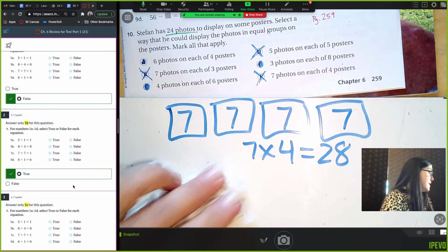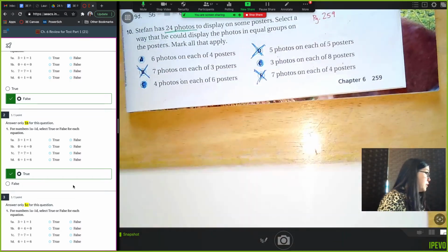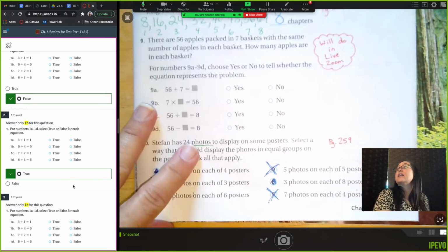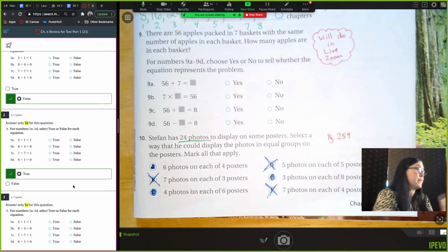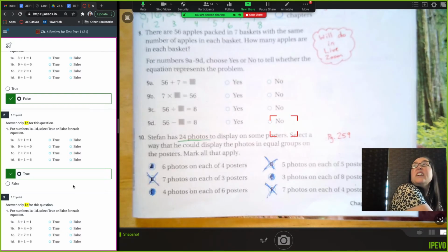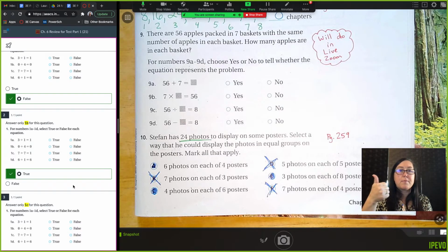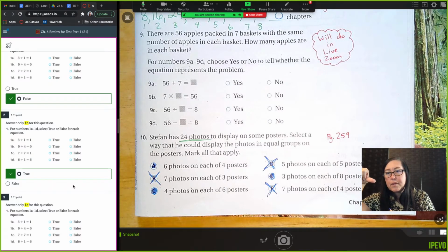Now, we did not do number 9 on the computer. So let's take a look at number 9 together. Let me make sure it's not blurry. Okay. Are you good for number 9? Give me a thumbs up if you're ready. All right.